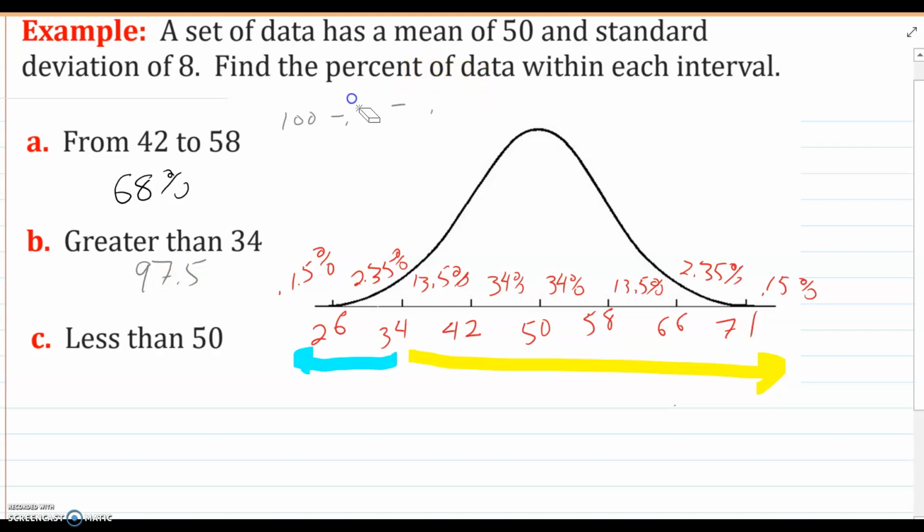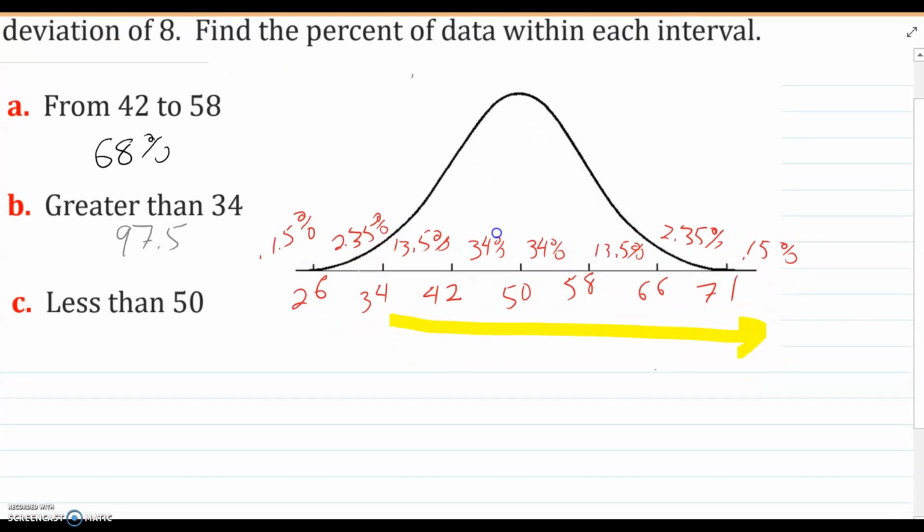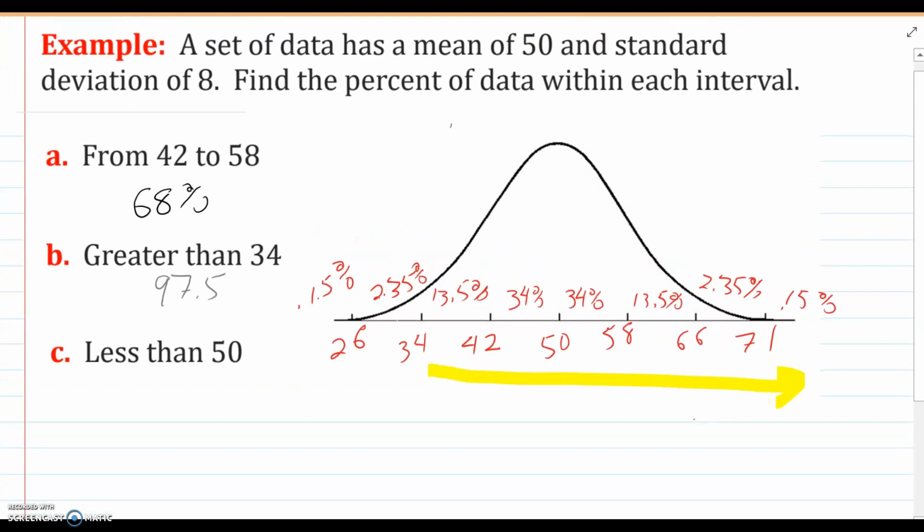Or you can choose to say, no, you know what I'm going to do? I'm just going to add up all of these percentages in here, which turns out, it's going to be a little bit time consuming. But if I just took them and I said, yep, going to add them all up, guess what I ended up coming up with? The same 97.5.